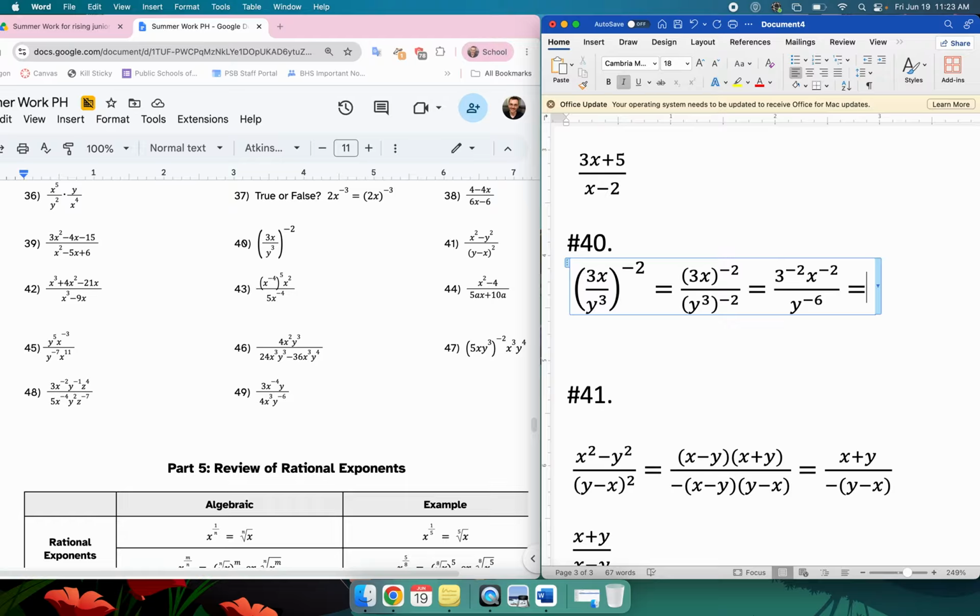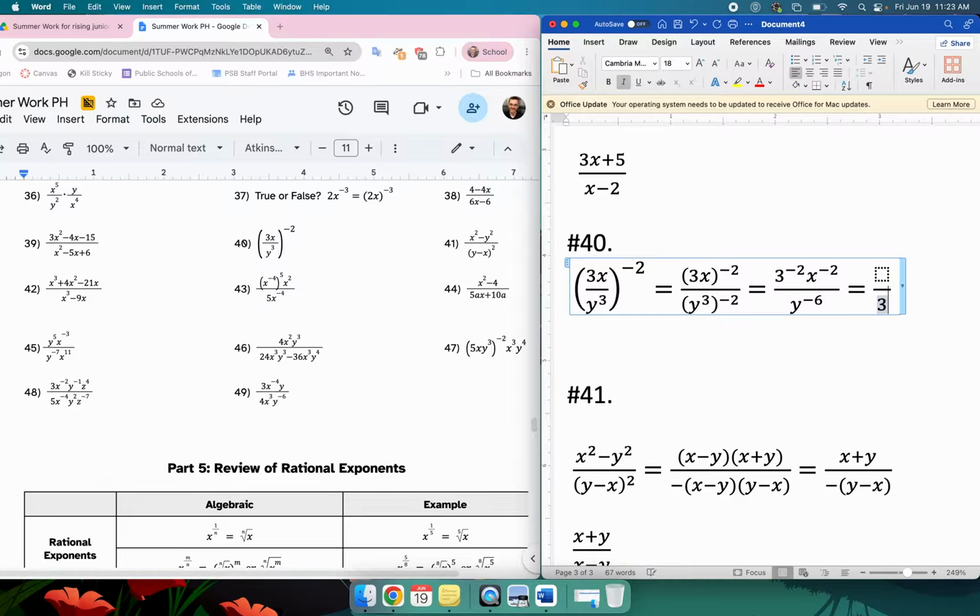Basically, negative exponents inside of a fraction sort of trade places. So this 3, because it's being raised to a negative 2, actually goes downstairs, and the negative 2 becomes positive. Likewise, this x to the negative 2, because it's a negative exponent, goes downstairs, and the 2 becomes positive.